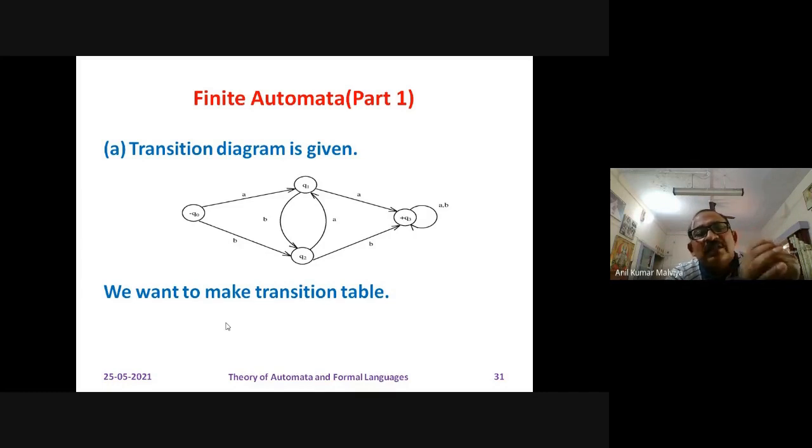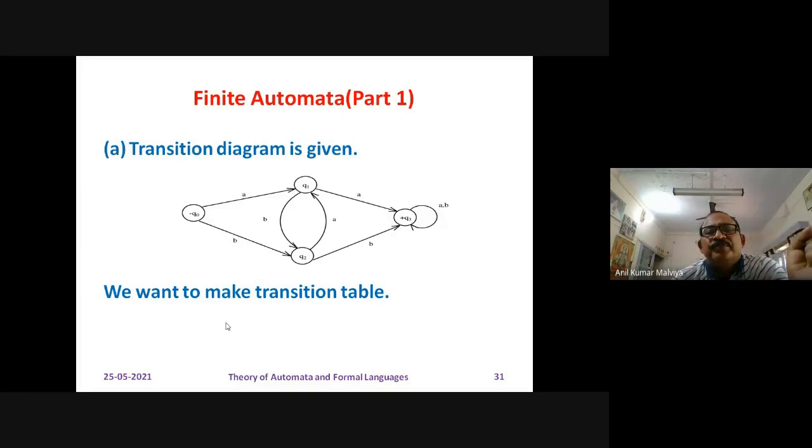Here you can see the Q0 is the start state. Therefore, put a minus sign before the state Q0 and Q3 is a final state. Therefore, put a plus sign before the state Q3. Is it clear?